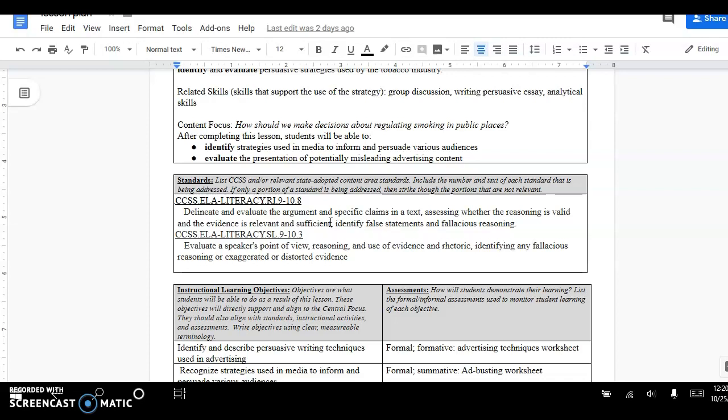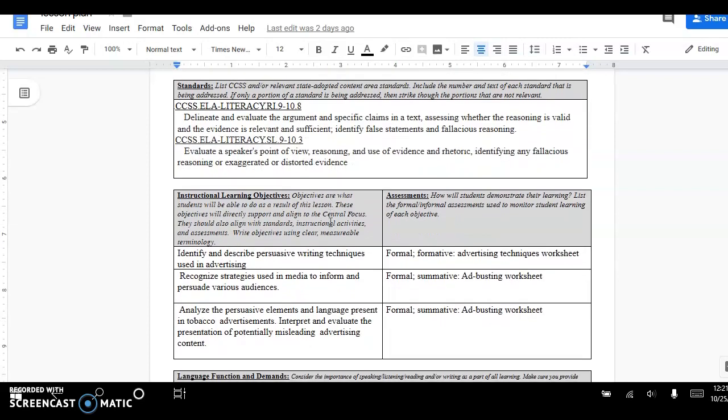After completing this lesson, students will be able to identify strategies used in media to inform and persuade various audiences and evaluate the presentation.